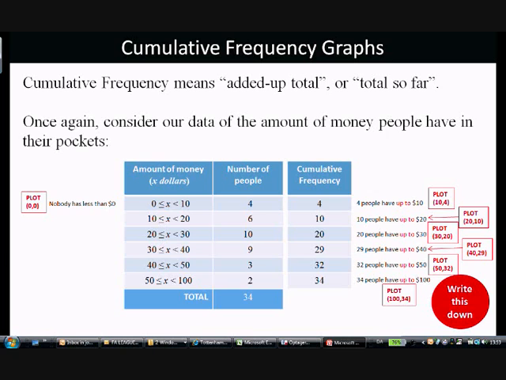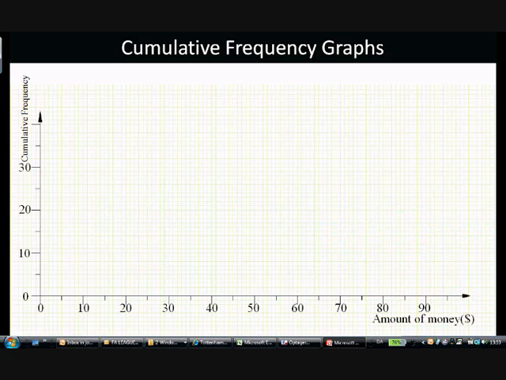And then we're going to make the actual graph. So the amount of money on the horizontal axis, and then the cumulative frequency, the total so far, on the vertical axis. The cumulative frequency always goes on the vertical axis.